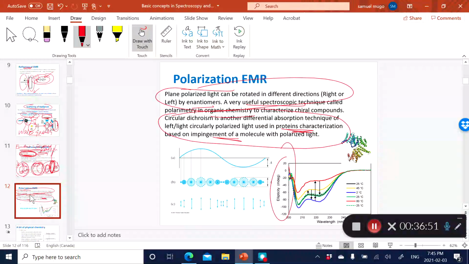In this case, on the y-axis for circular dichroism, you are determining the ellipticity, meaning the angle at which the plane polarized light is being rotated by big molecules like proteins. And so it's a very important technique for characterization of different types of proteins.